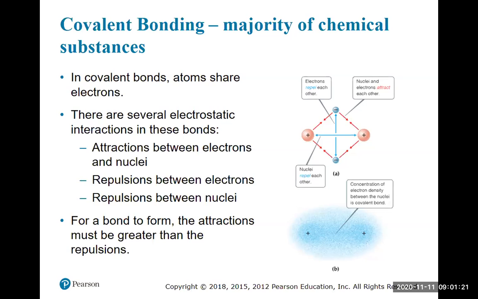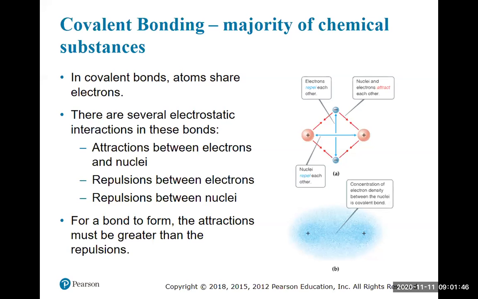And then we have repulsions between the nuclei, which is a positive repulsion. We haven't talked too much about that, but when we start talking about bonding, it does come into play. In order for the bond to actually occur, you need to have the attractions be greater than the repulsions. That makes sense.